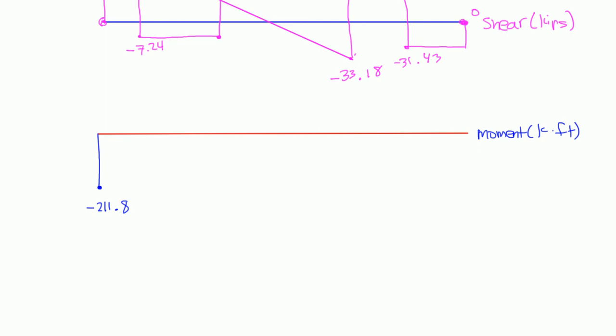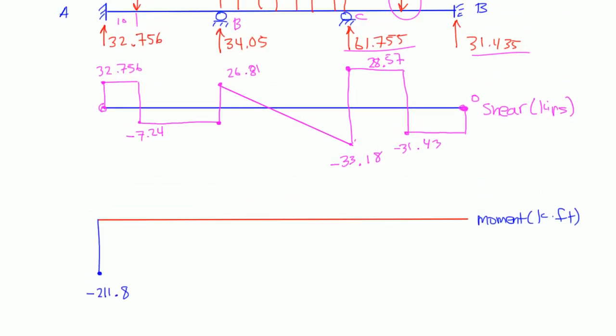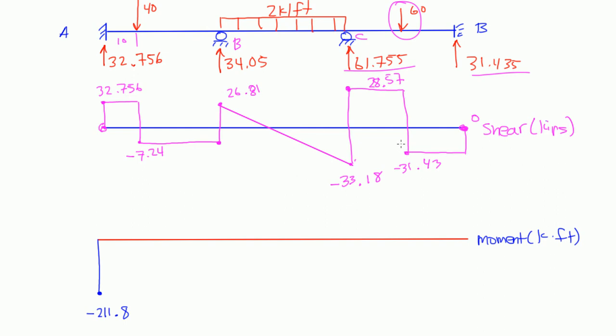And our shear diagram tells us it goes up from this distance to this distance, 32.756. So this area would be how much it goes up, right? So this is 10 times 32.756.